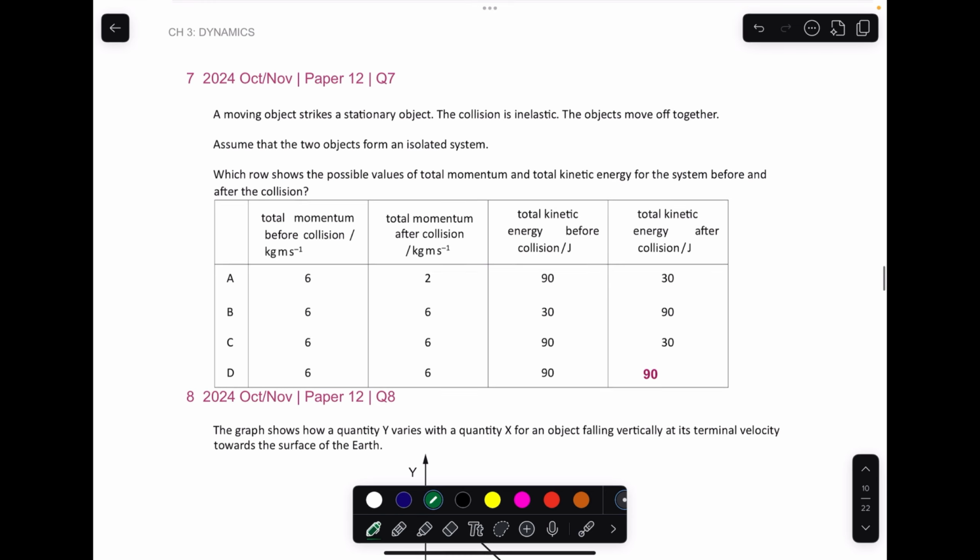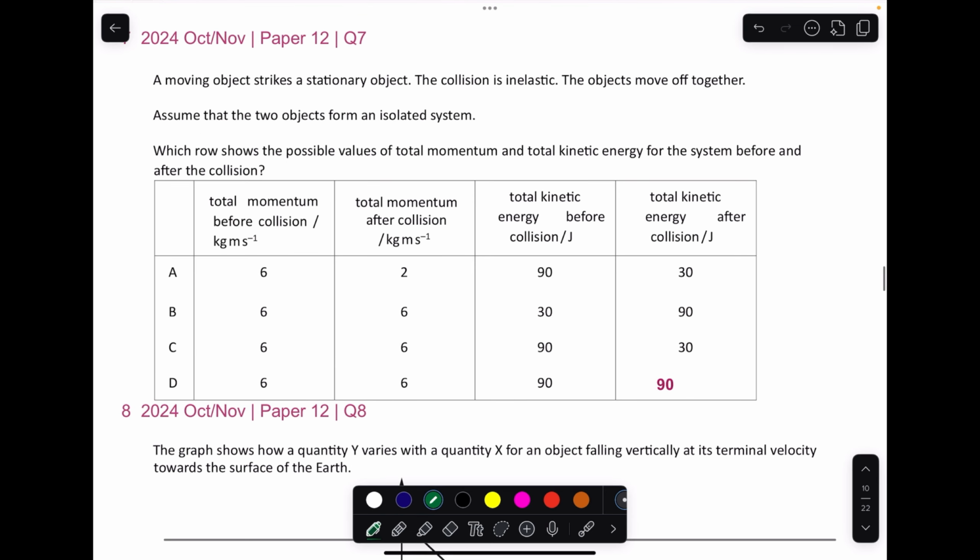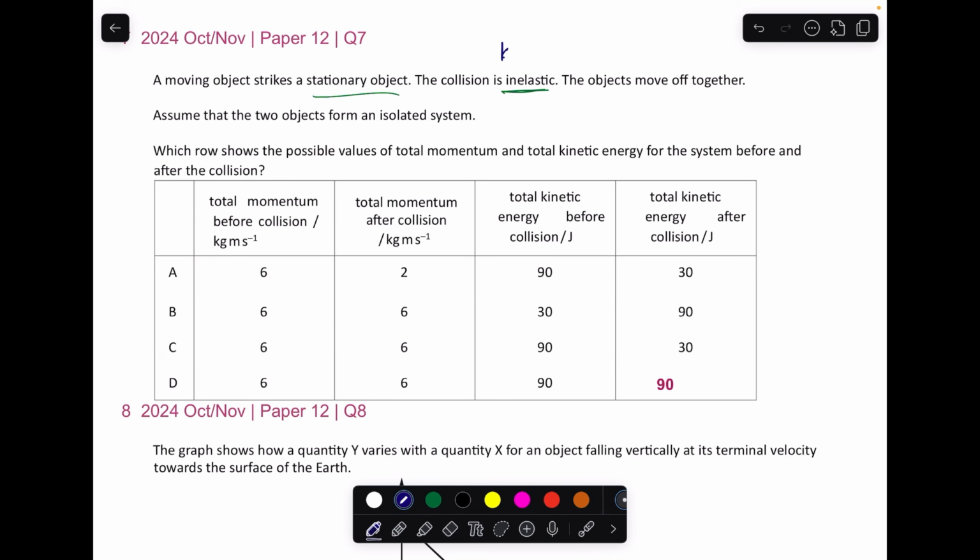The next question, a moving object strikes a stationary object. Okay, the collision is inelastic. What inelastic means is that kinetic energy will be lost, it will not be conserved. Then the objects will move together. Okay, this is also an indication of an inelastic collision. Assume that the two objects form an isolated system.